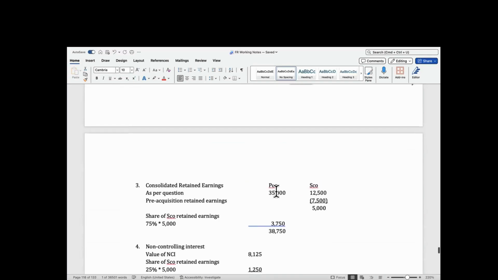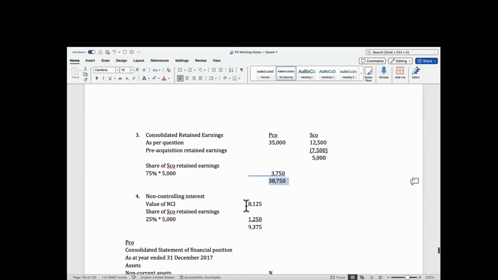Then my retained earnings, this is that of the parent, that of the subsidiary. I take away pre-acquisition. So I have the post-acquisition of this. The parent will take his own share. So I have the balance here of 38,750. NCI also, I have the value of NCI.